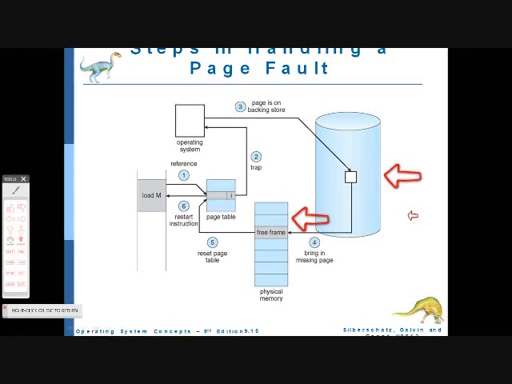By the way, logical memory and virtual memory are interchangeable. They are one and the same. A page table is included in every process control block of every process. So that's it for the preliminary.